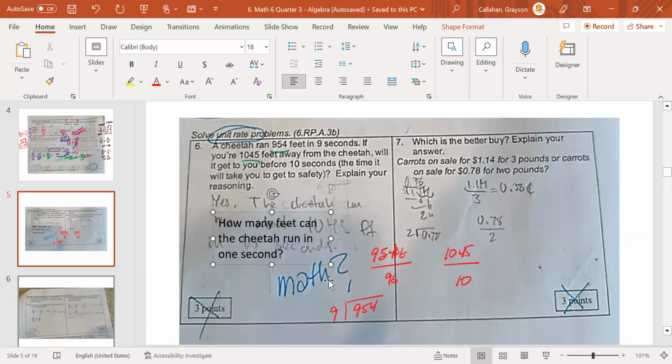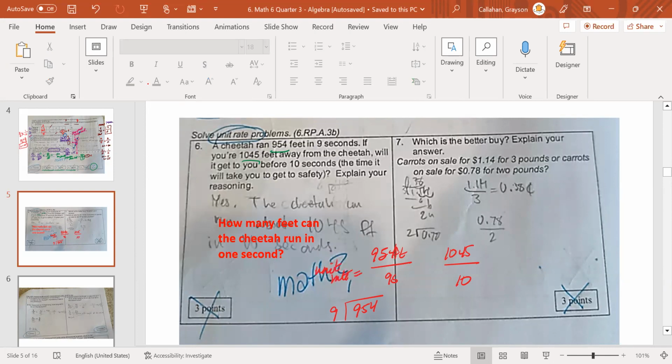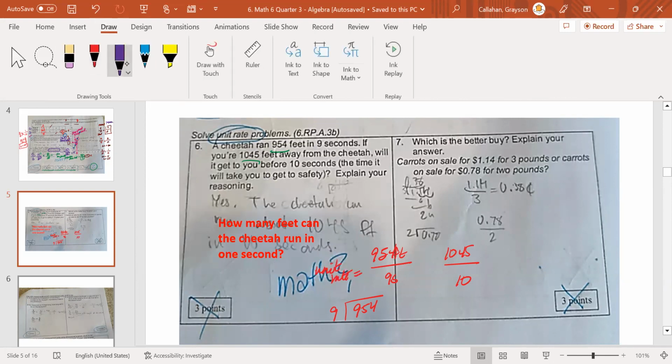Okay, and how do I do that? I find that by doing this math right here. 954 divided by 9. This is going to give me the unit rate, okay?